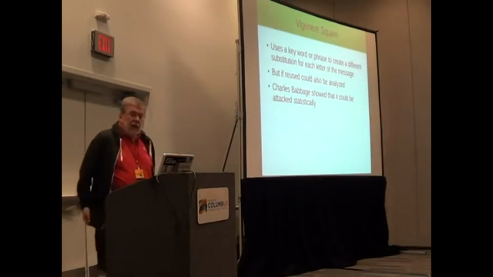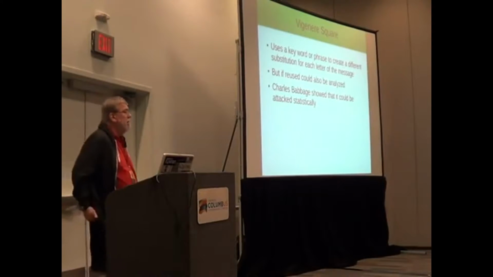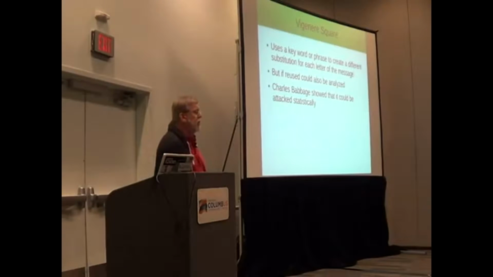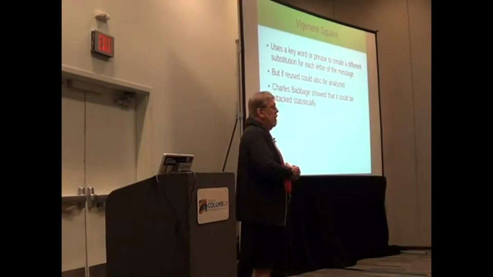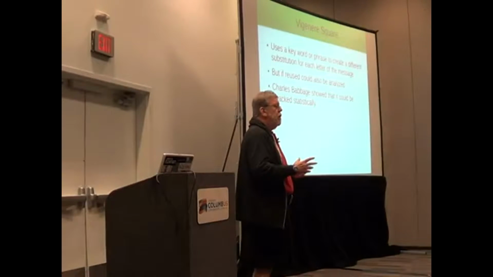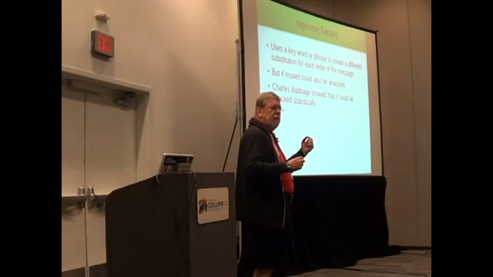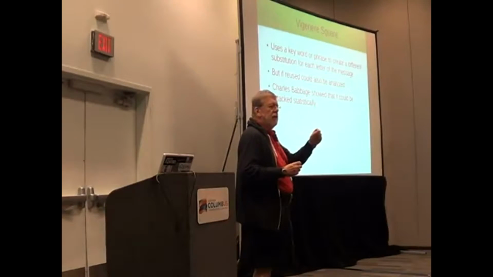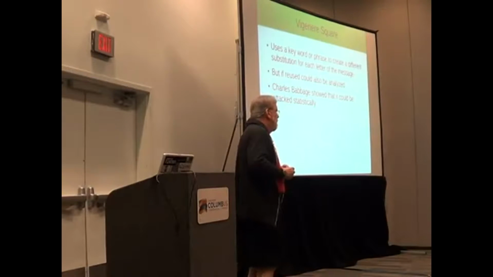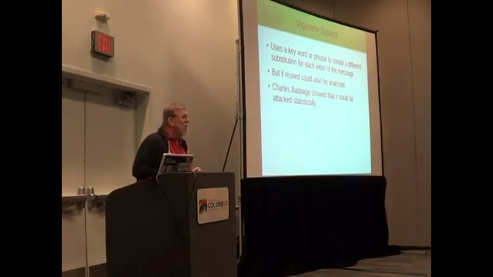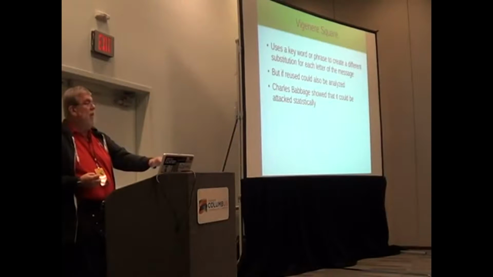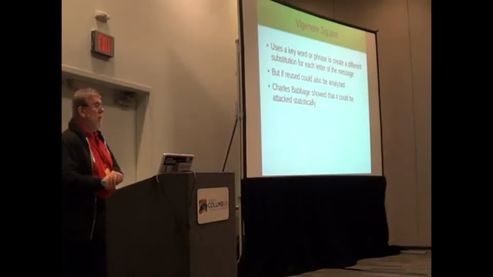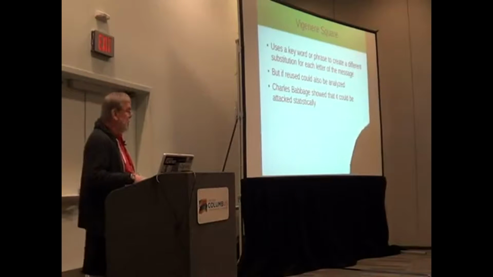And so in the 19th century, a Frenchman came up with something called the Vigenère Square. This was a technique that would allow you to do a substitution where the letter substituted changed every time you did another character. And it's not bad. If it's reused, however, it can also be statistically analyzed, as was shown by Charles Babbage.